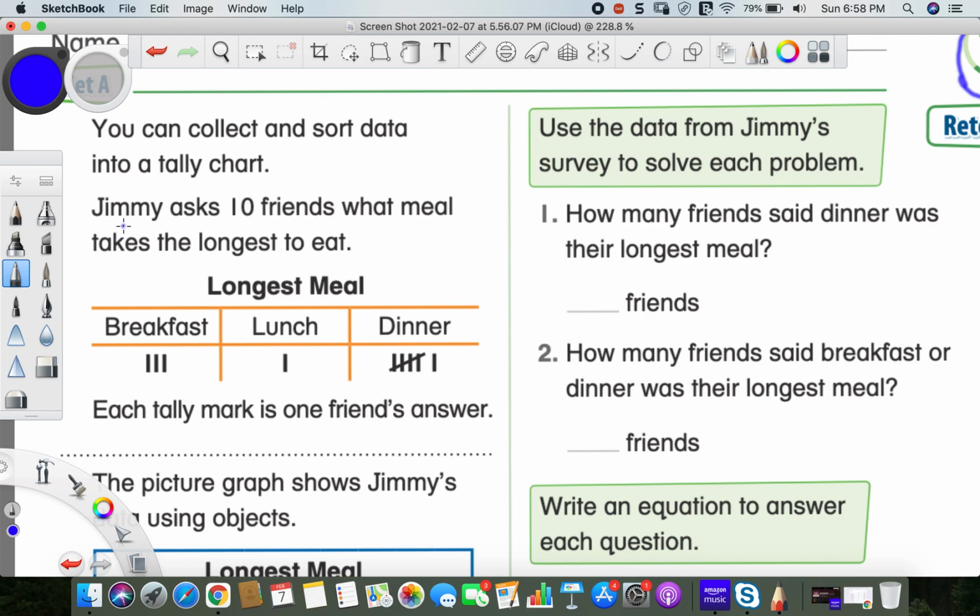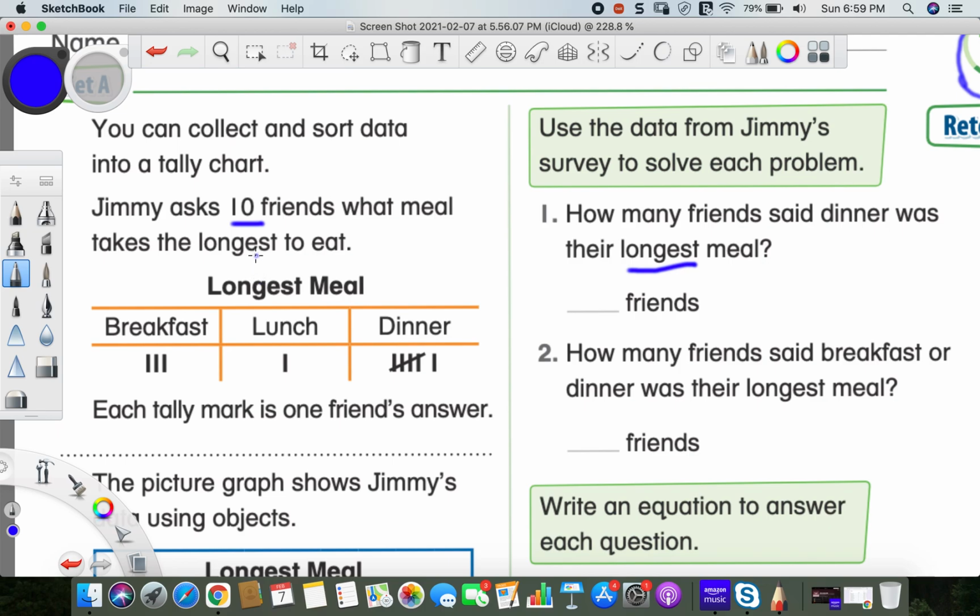Okay, so it says right here, Jimmy asks 10 friends what meal takes the longest to eat. So we're just getting someone's opinion on how long it takes them to eat either breakfast, lunch, or dinner. So let's check out the first one. It says, how many friends said dinner was their longest meal? Now I'm going to underline longest because to me that's just super important.